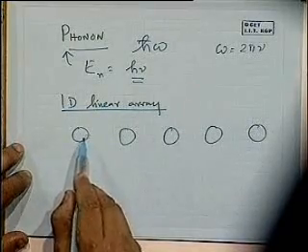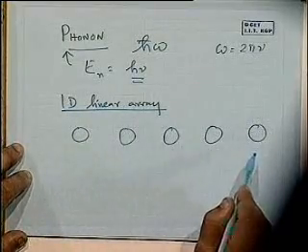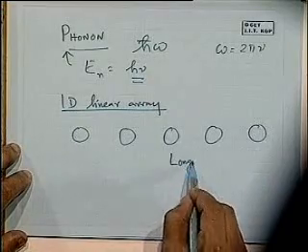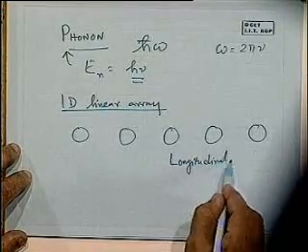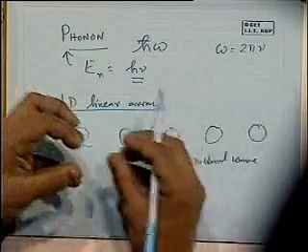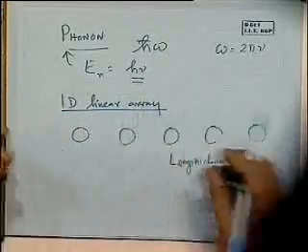I could have a wave that is propagated, what is known as a longitudinal wave, which involves the motion in this direction along the linear chain. So the atoms will move along this chain, and there will be a wave that is propagated along the direction of motion.